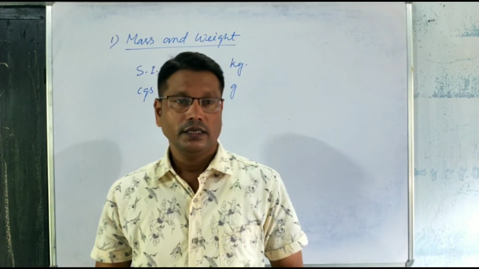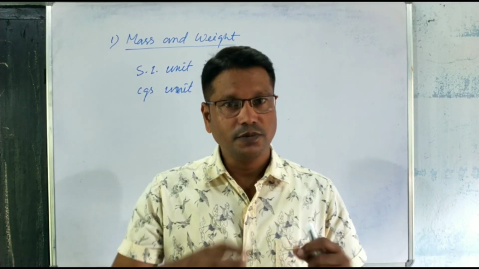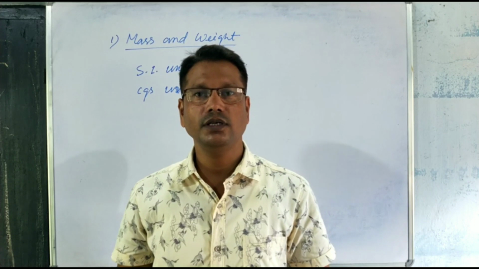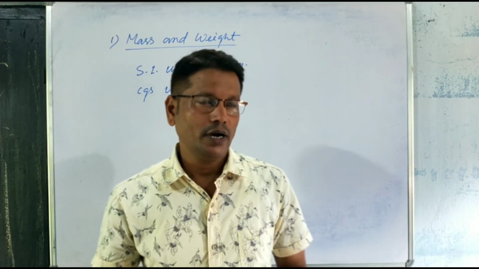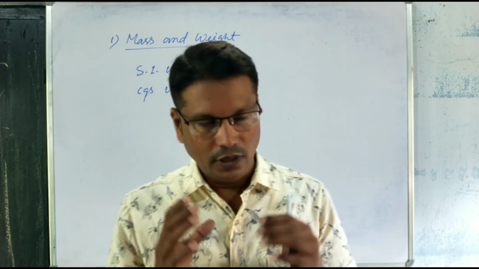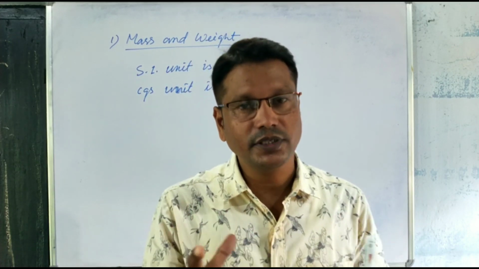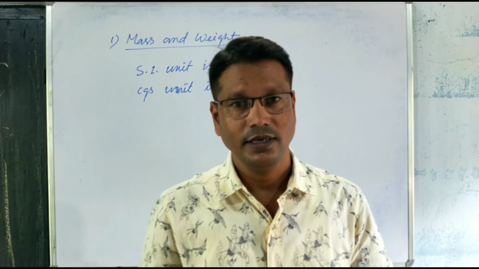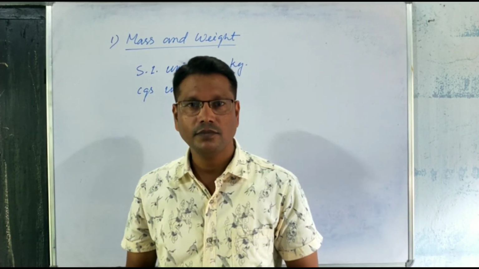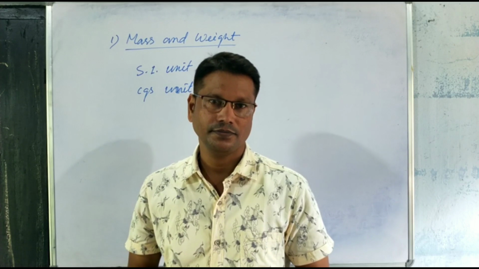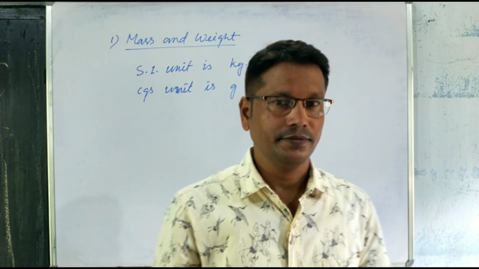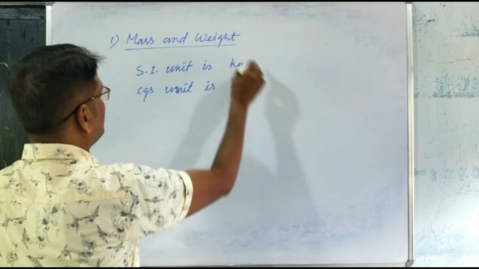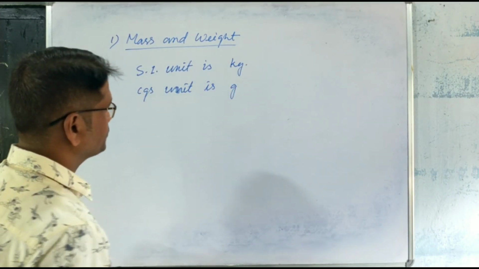If the value of the measurement is very large, that means if the mass is very large, then we need to use kilogram. But when the mass of an object is very small, then we use milligram or microgram, etc. So these are the units of mass and weight.